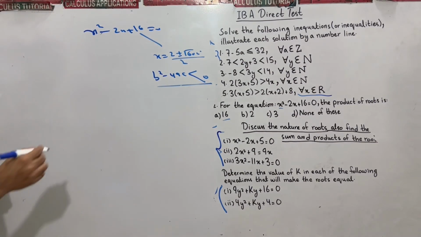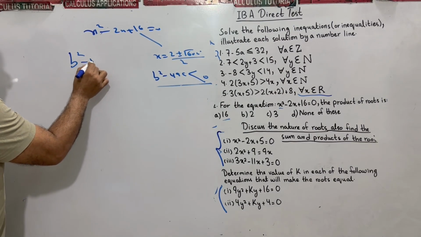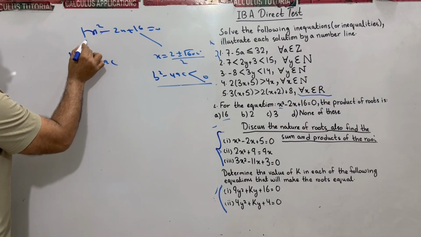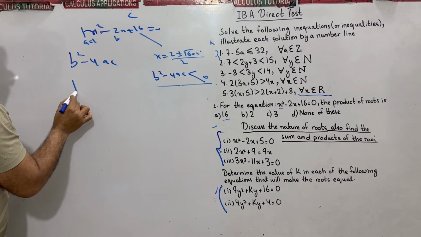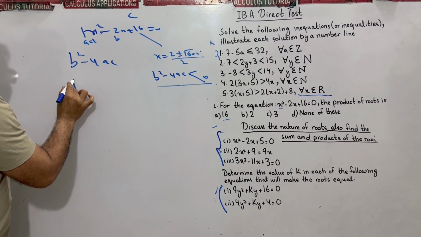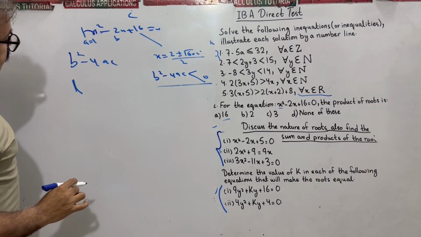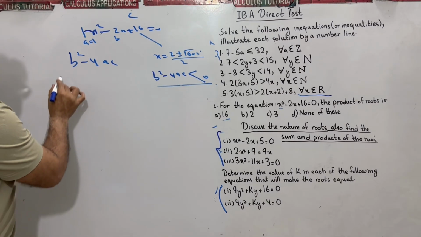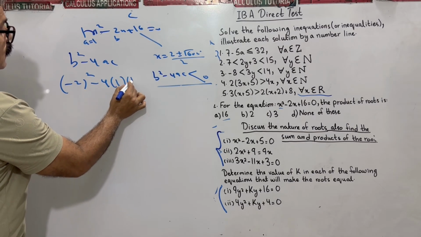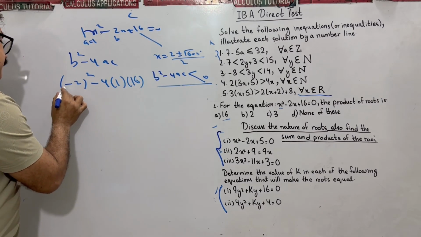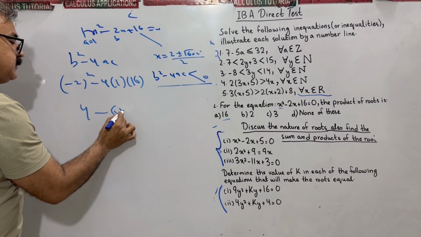Let's verify. b square minus 4ac. Value of a is 1. That's our b, that's our c. Put values. b square means minus 2 square, minus 4, value of a is 1, value of c is 16. Look at it. Square of negative 2 is positive 4, minus 64.